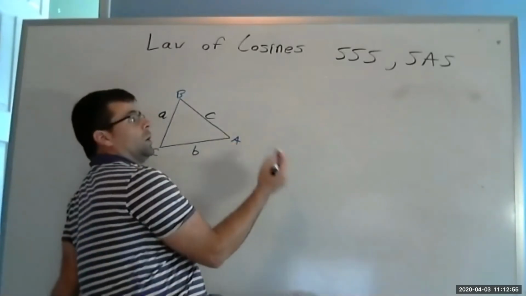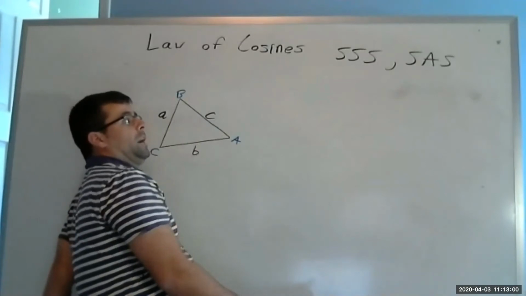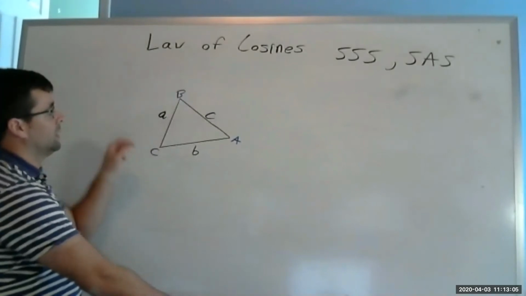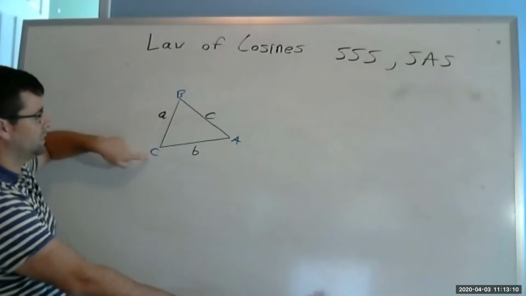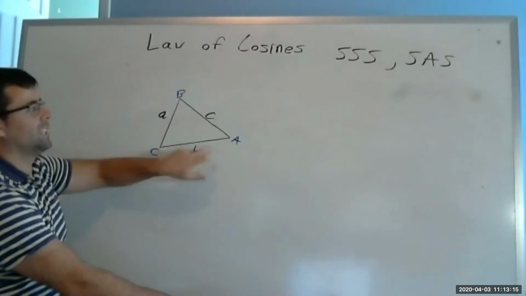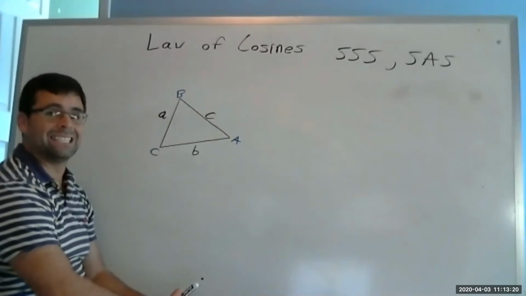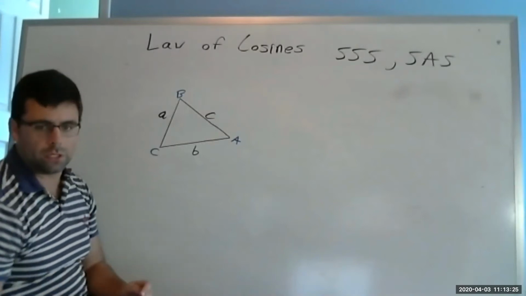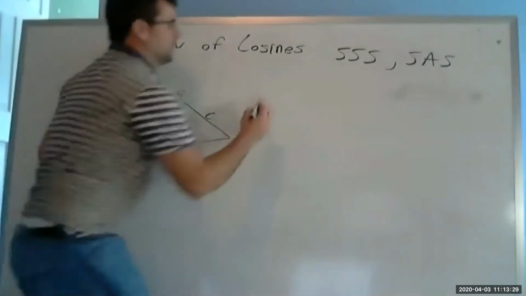Okay, so side, angle, side. Say that we have side A, angle C, and side B. This allows us to find side C. This one is pretty easy to remember because it starts off very familiar.